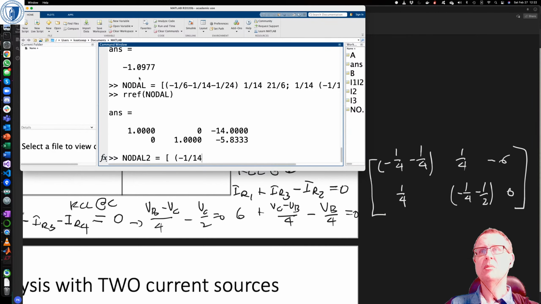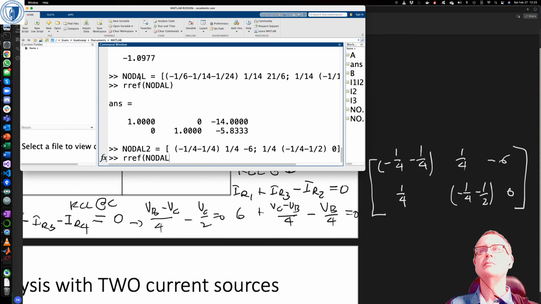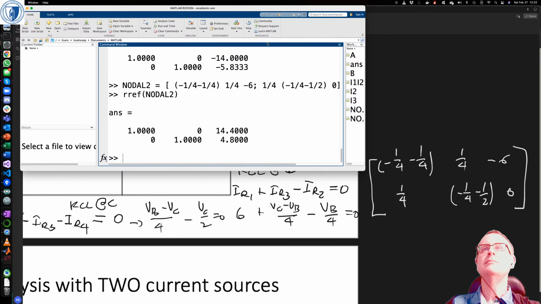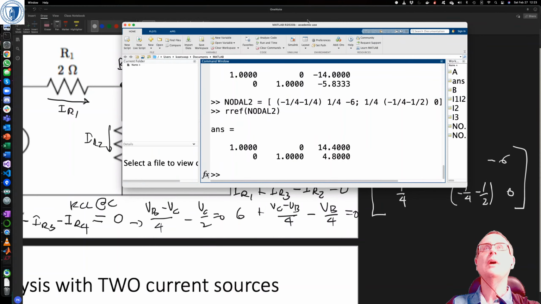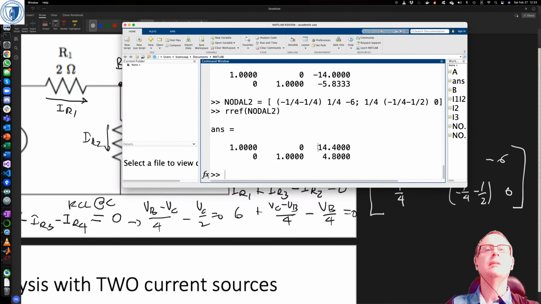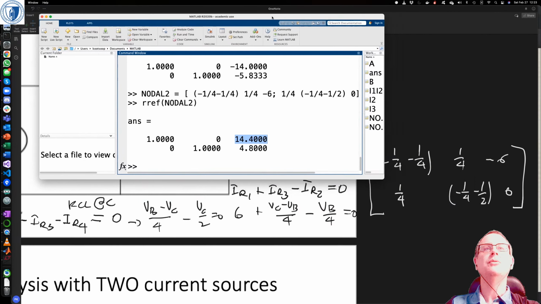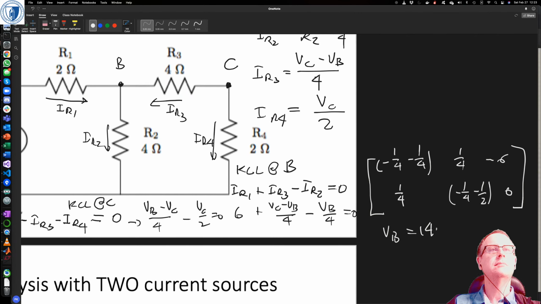So minus 1/4 minus a quarter, not minus a 14th. So our VB is 14.4 volts, and VC is equal to 4.8 volts.